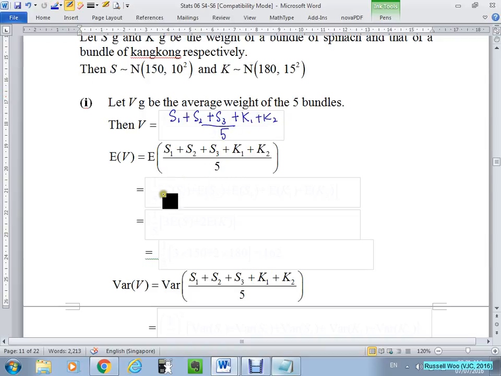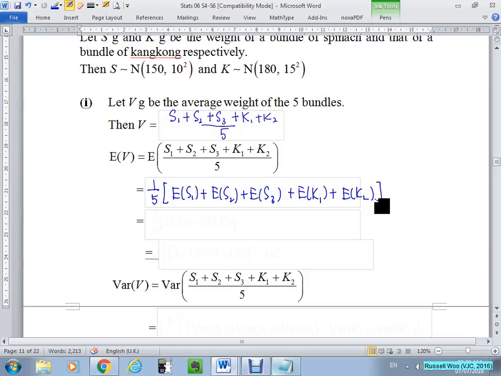You factorize the 1/5 out. You get expected value of S1 plus expected value of S2 plus expected value of S3 plus expected value of K1 plus expected value of K2, like that. Make sense? Could we factorize the 1/5 out? I think we can.